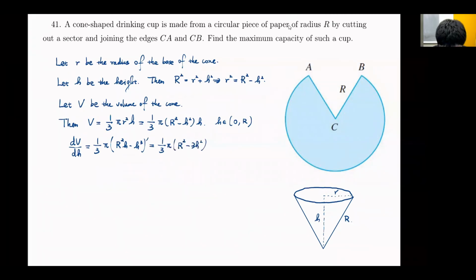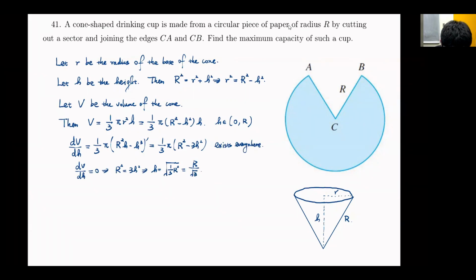Okay, so this is my derivative, and you see that it exists everywhere, so you do not need to worry about a critical number where it does not exist. Moreover, dV over dh equals 0 means R squared equals 3h squared, so h will be the square root of 1/3 R squared. You can rewrite this as R divided by root 3. All right, so that will be the critical number for h.